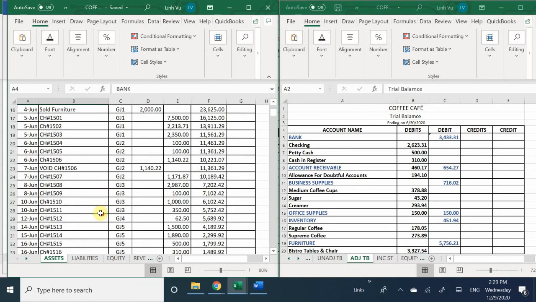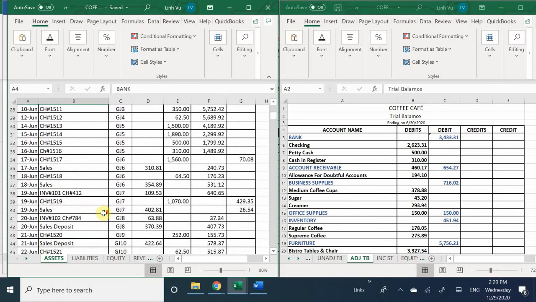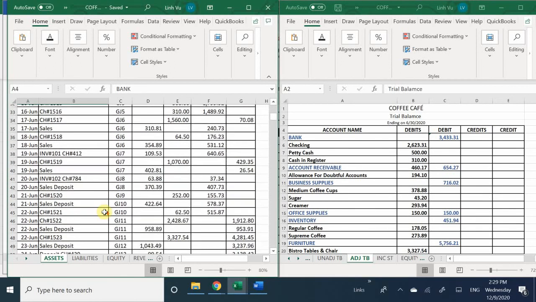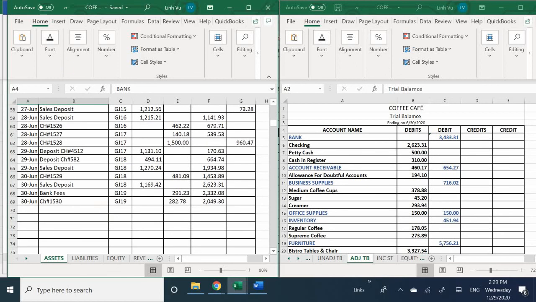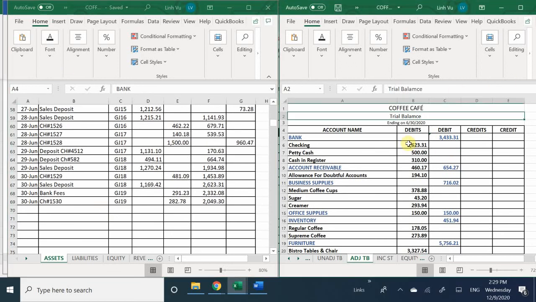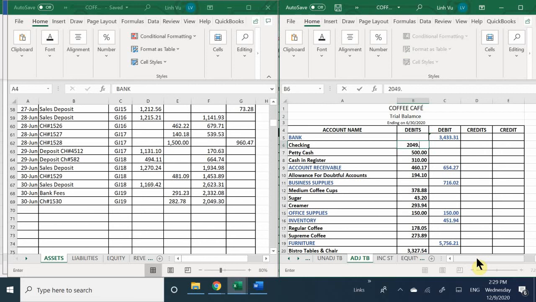So first things first, in our main account bank, did our checking account change? Yes. It went down. It went down to how much? It is $2,049.30. Okay. And there you go.